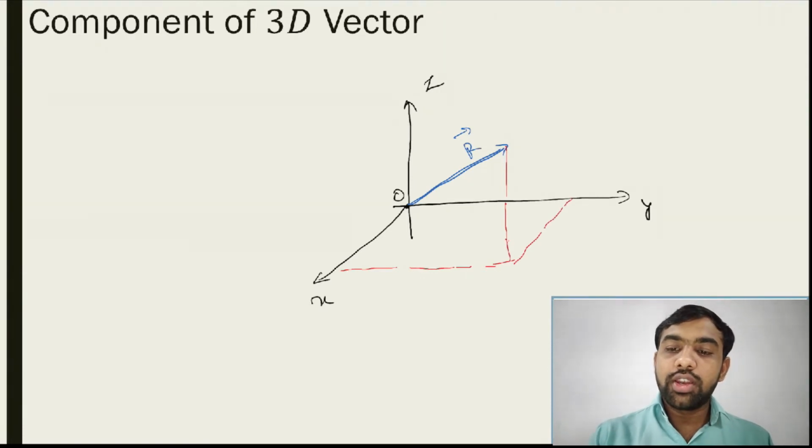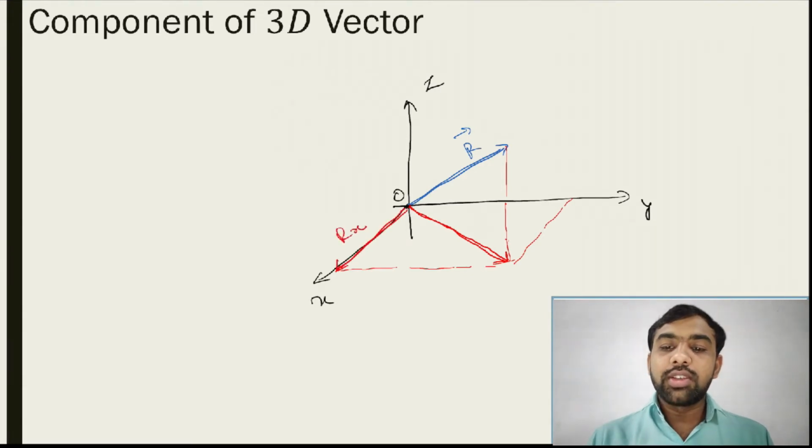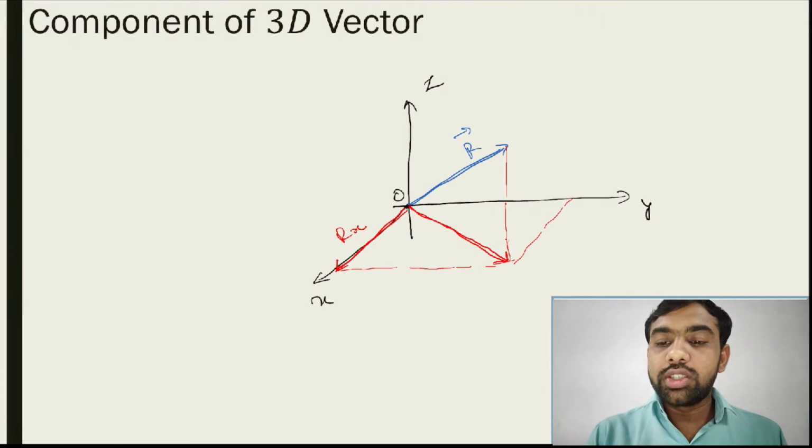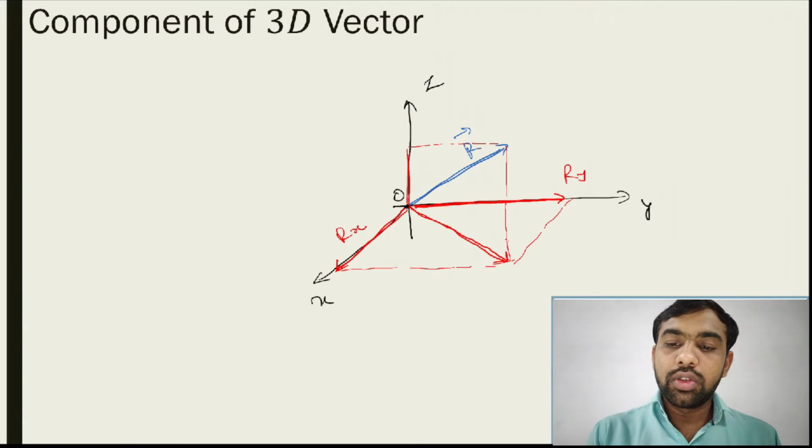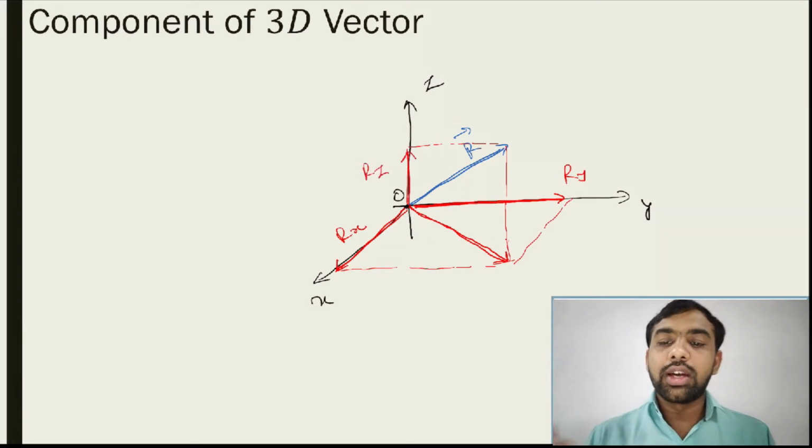This is the projection in the xy plane. The projection along the x-axis is this one, which represents Rx. The projection along the y-axis is this one, which represents Ry, and the projection along the z-axis is this one. That is Rz.